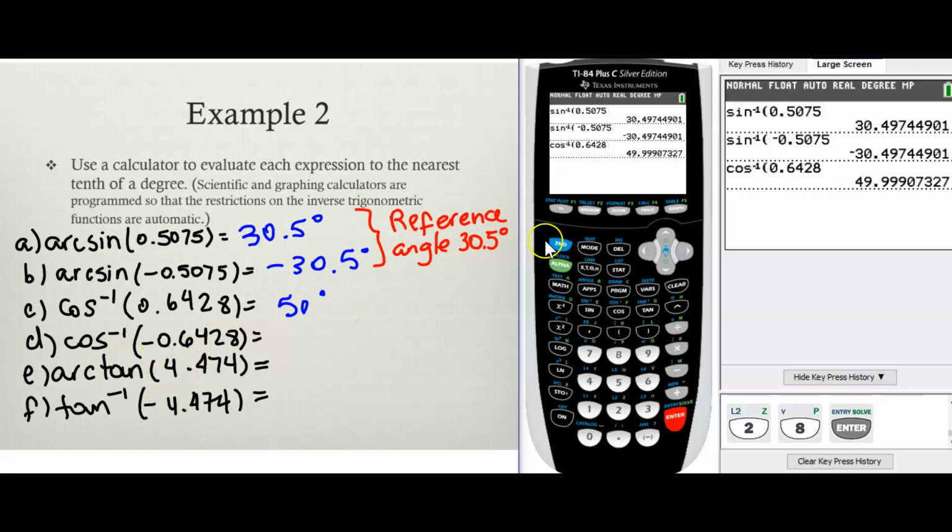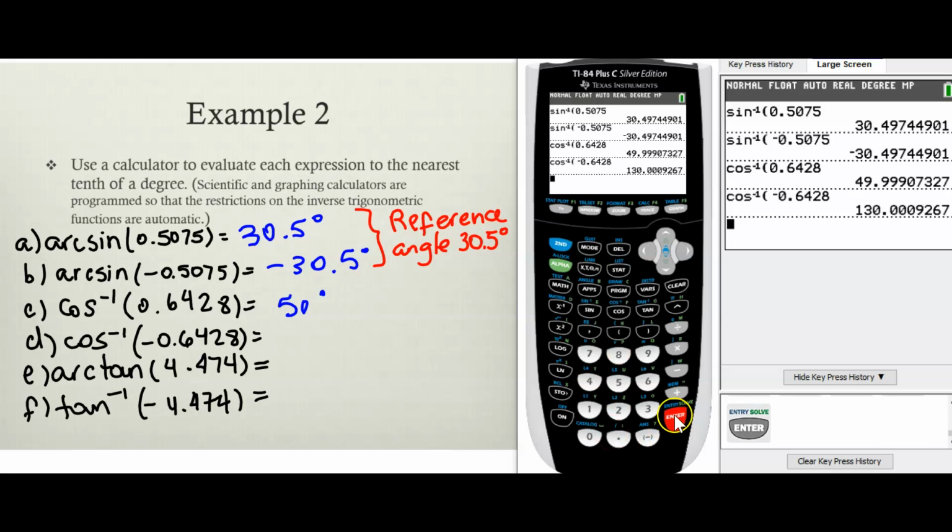In the same manner we'll do cosine inverse of negative 0.6428. It will be 130 degrees, because remember, the inverse cosine function is restricted between 0 and pi. So these two angles, 50 and 130 degrees, are reference angles for 50 degrees.